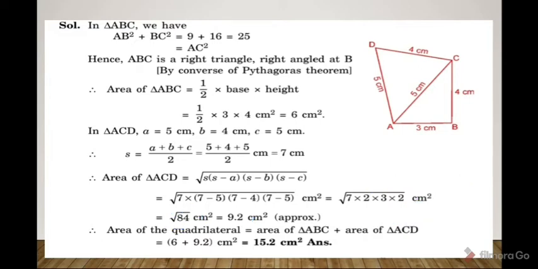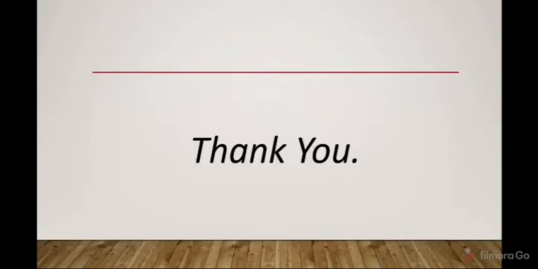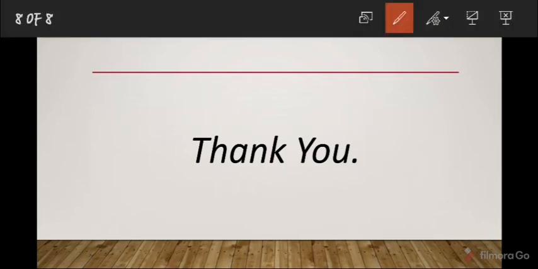So let's check. Suppose I am converting root under 21 in decimal representation. First of all, write 21 here, and try to evaluate the square root of 21 by long division. First of all, you will put here 4, 4 4s are 16, so 5 will be here.